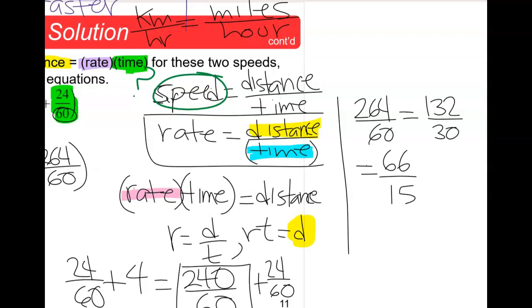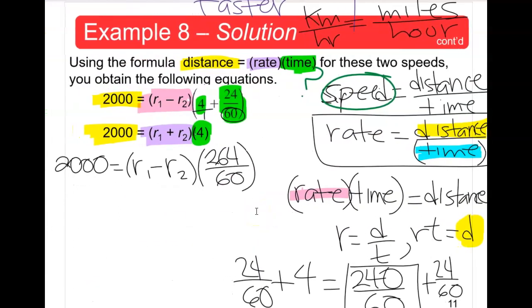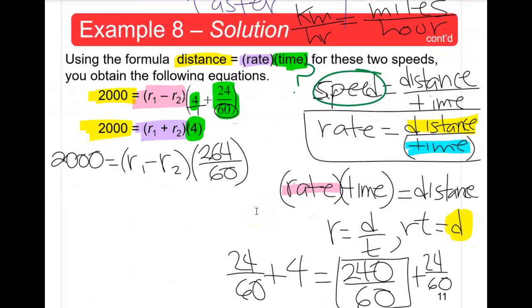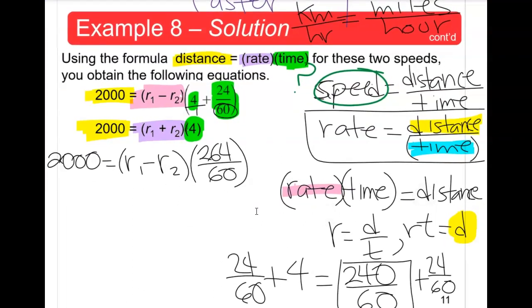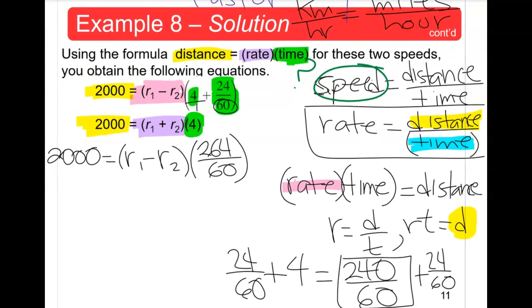Now at this point we cannot divide by 2 anymore, but we could divide by 3. So 66 divided by 3 is going to be 22, and 15 divided by 3 is 5. So those two fractions are equivalent, so that's what I'm going to be using. It's always better to have a fraction in reduced form. So we're going to use 22 over 5.